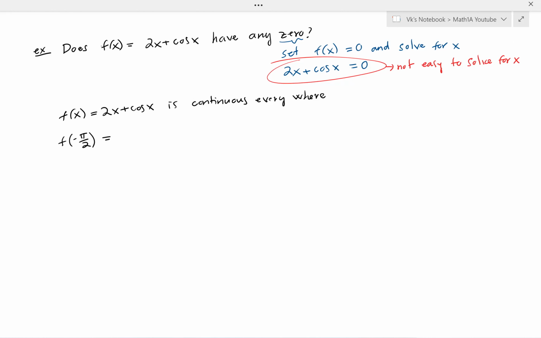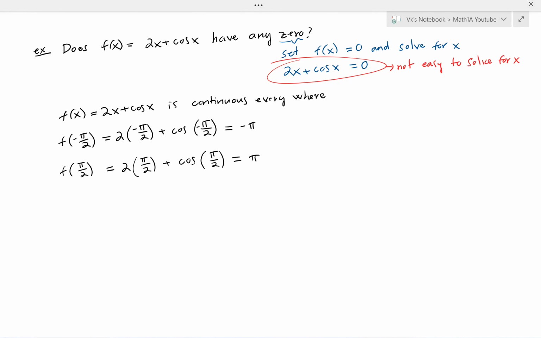So it's going to be 2 times negative pi over 2 plus cosine of negative pi over 2. And this gives us negative pi. f of pi over 2: 2 times pi over 2 plus cosine of pi over 2. Oh, this is pi.